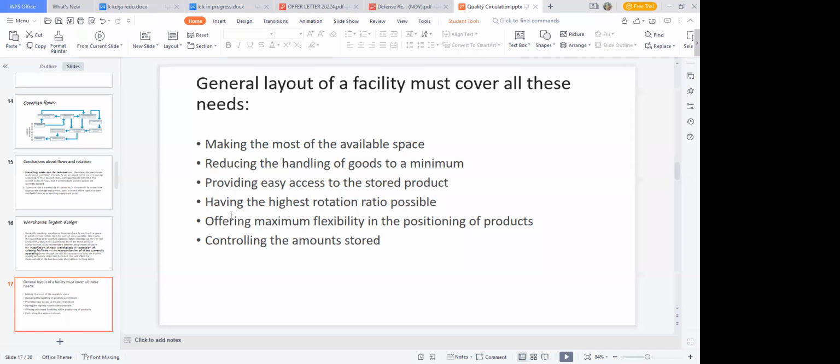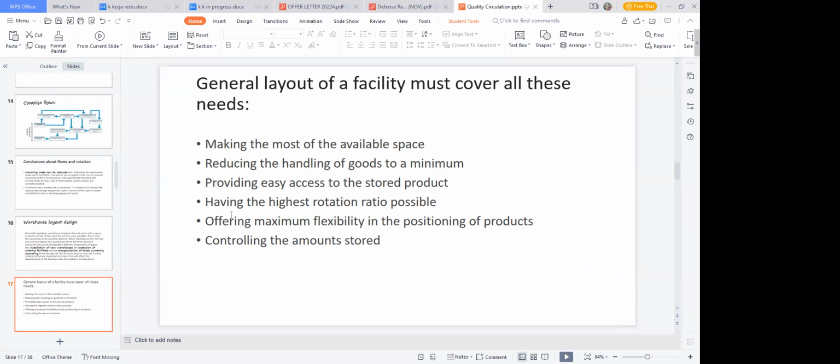Number two, must reduce the handling of goods to a minimum. We try to minimize the movement of the goods when the product arrives. So how do we avoid heavy traffic on the movement?